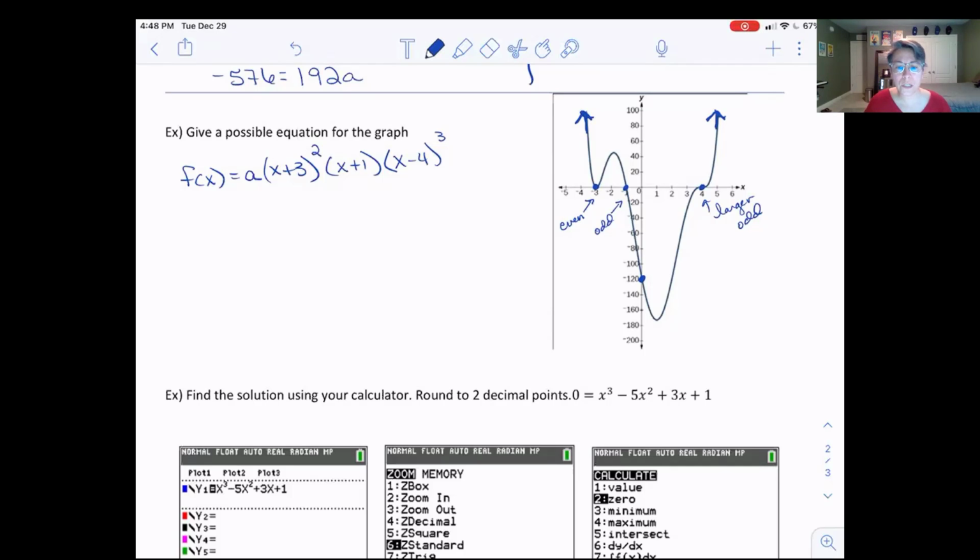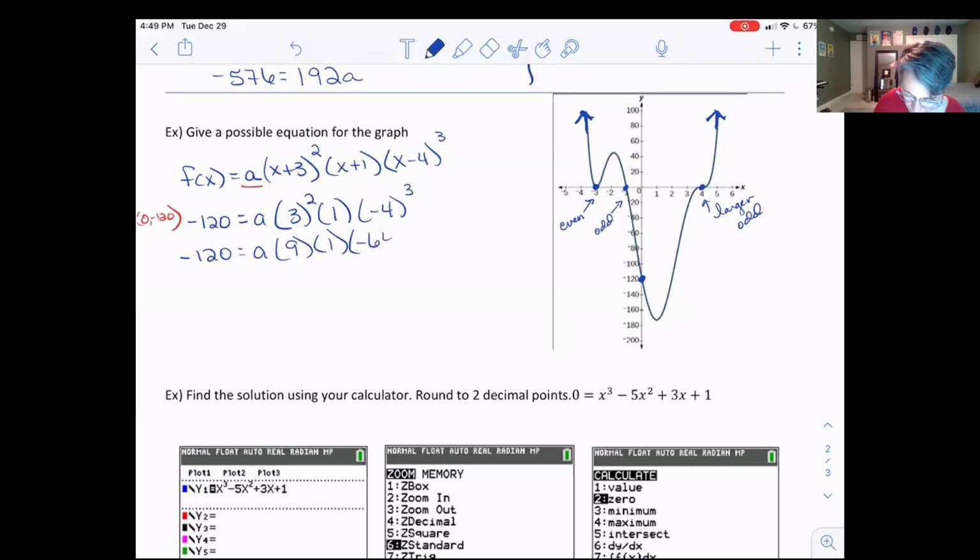So if we use (0, -120), then we would have -120 equals a times 3 squared times 1 times (-4) cubed, equals a times 9 times 1 times -64, which gives us -120 equals -576a.